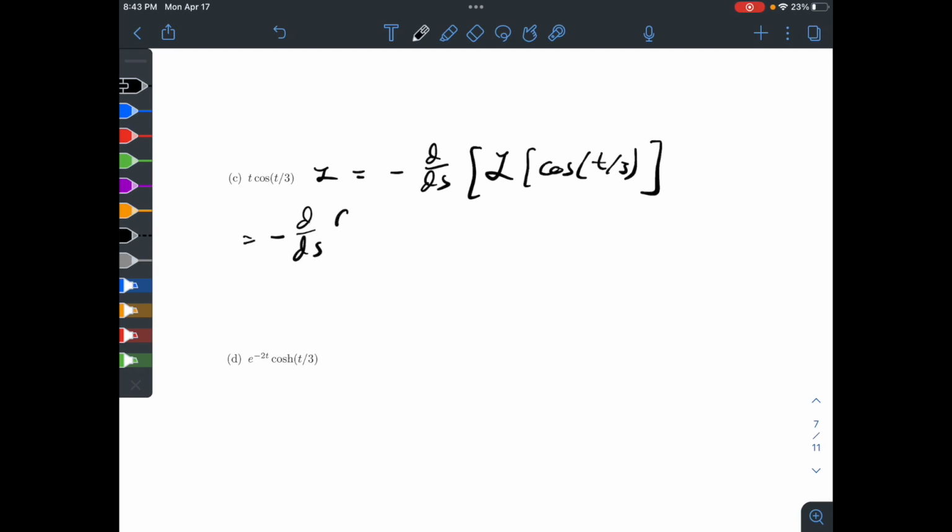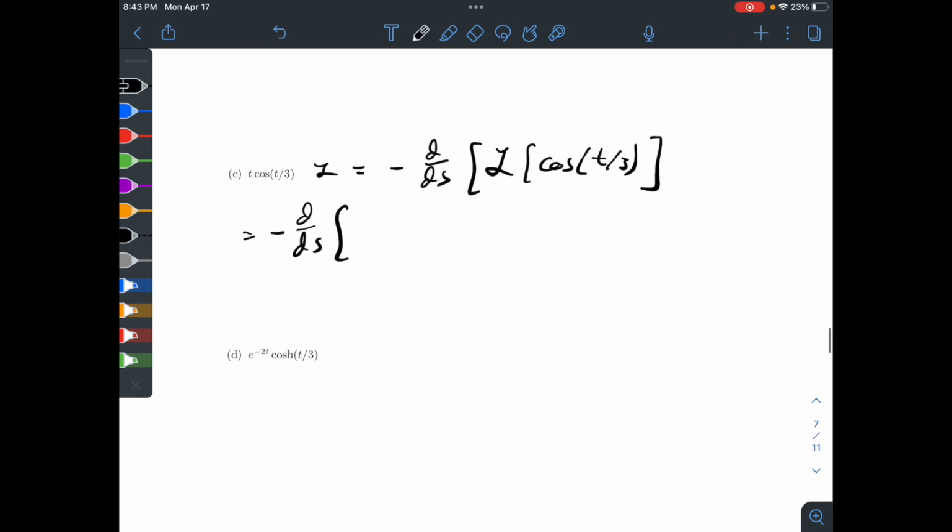Now what's the Laplace transform of cosine of t over 3? Cosine of kt, so our k value here is 1/3. Cosine of kt is going to be s over s squared plus k squared. K squared is 1/9.